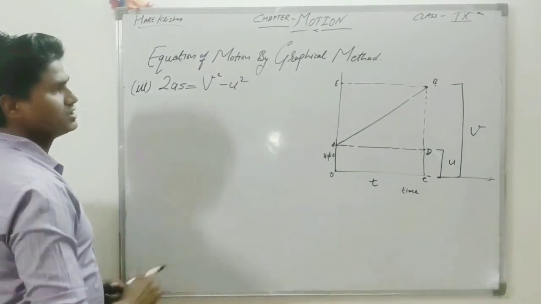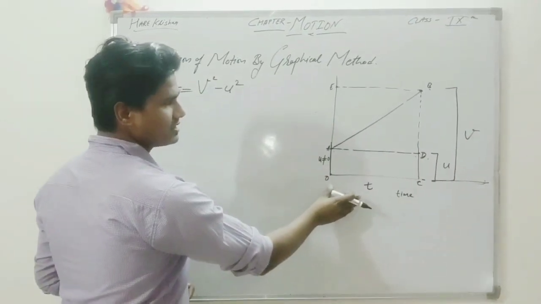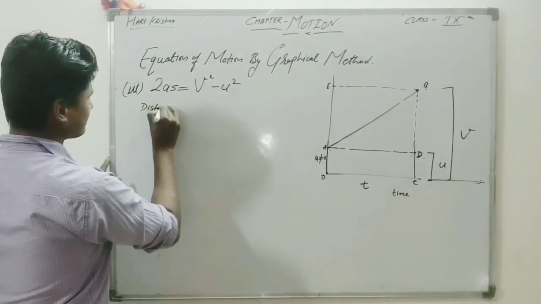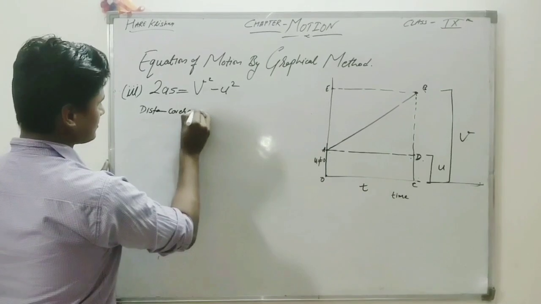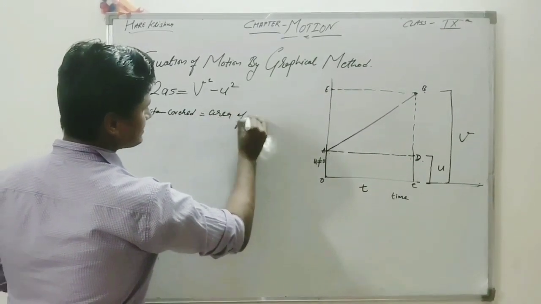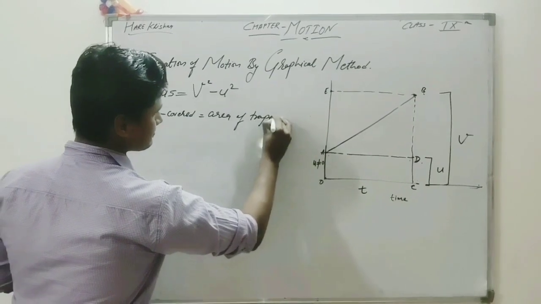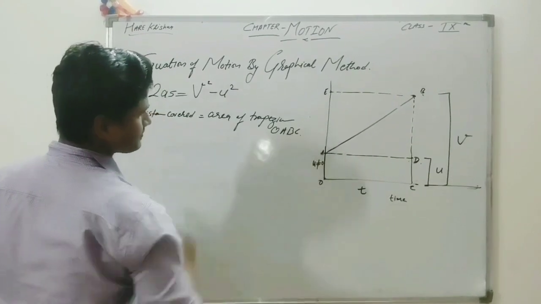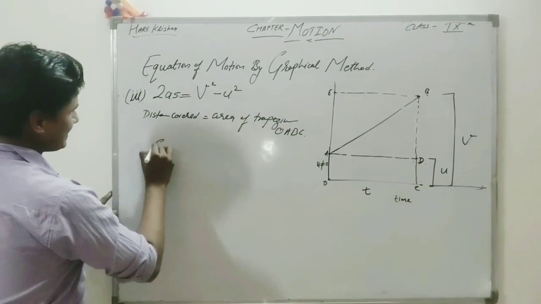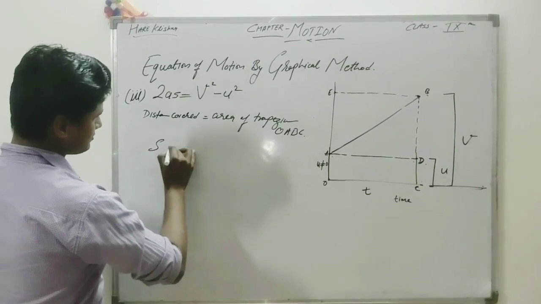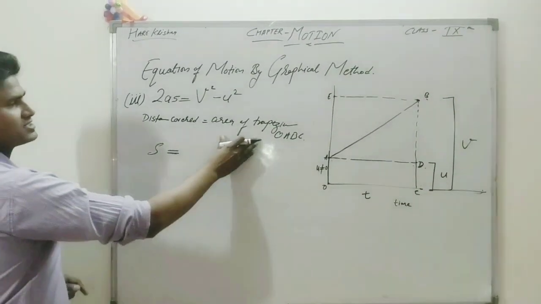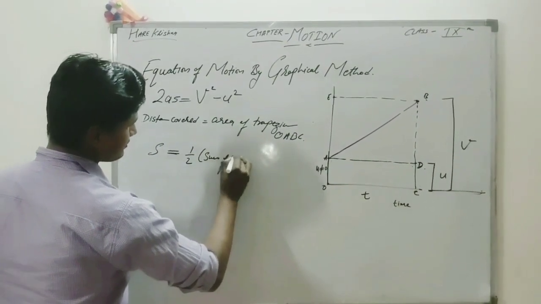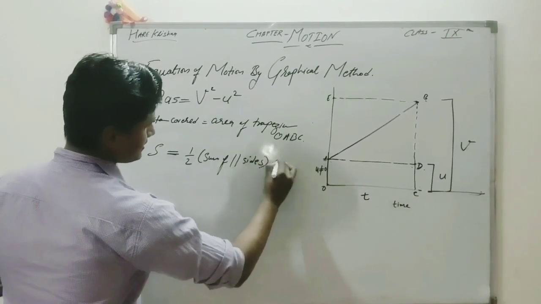For the derivation of this equation, we again take the help of the same graph which we used for the first and second. We know that the distance covered is equal to area of trapezium OABC. In this, we can write S is equal to area under graph, and its formula is half into sum of parallel sides into height.